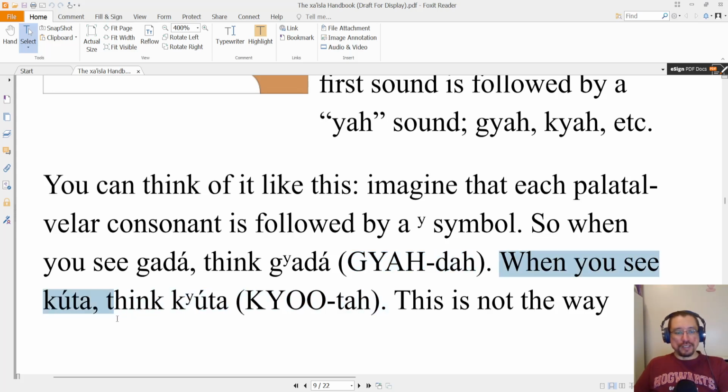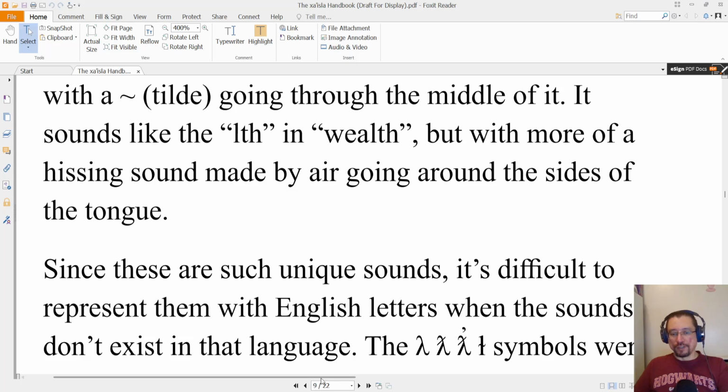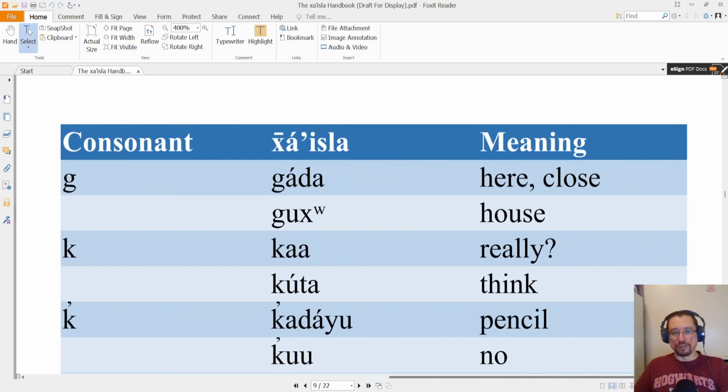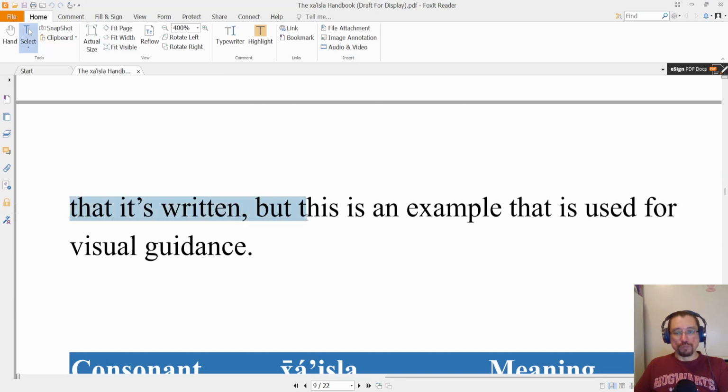When you see cuta, think cuta, cuta. This is not the way that it's written, but this is an example used for visual guidance.